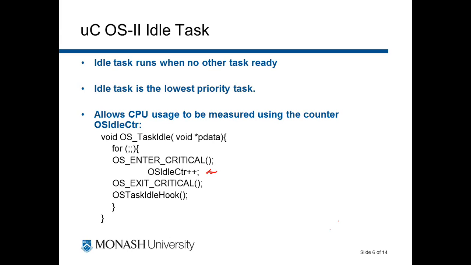Okay, what else is around it? We've got OS enter critical and OS exit critical. The idea here is that this OS idle counter is a global variable. Why? Because obviously the idle task needs to access it, but also your task that's going to compute the statistics using this counter is going to have to access this same variable, so it has to be a shared global variable.